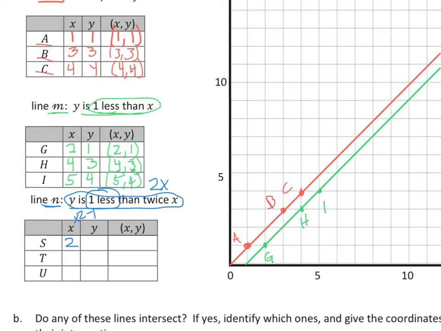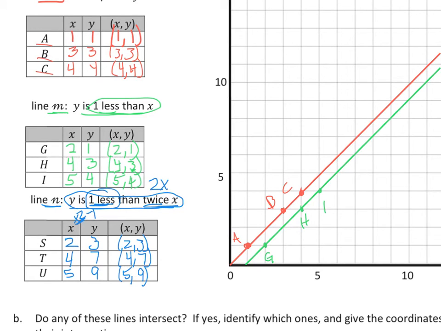So 2 times 2 is 4, minus 1 is 3. And the same thing if I do, let's go to 4. 4 times 2 is 8. So that's twice x, 8. And then I got to go 1 less, which is 7. And then my last one, I'll do 5 again. And 5 times 2 is 10. Minus 1 is 9. So I have 5, 9.